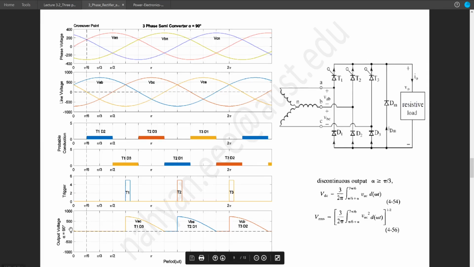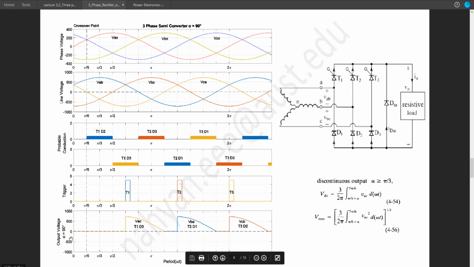You can tell it by looking at the graph. The waveform is starting after 4 blocks. So 4 blocks means 120 degree, and it is stopping at pi plus 30 degree, which means 210 degrees. So in order to find the VDC, we need to find the area under this curve.